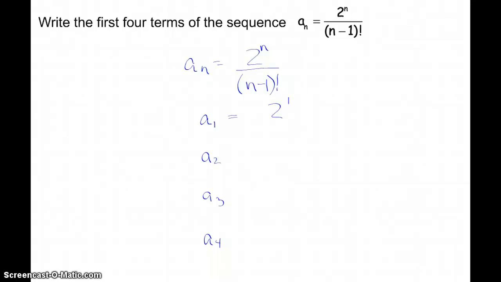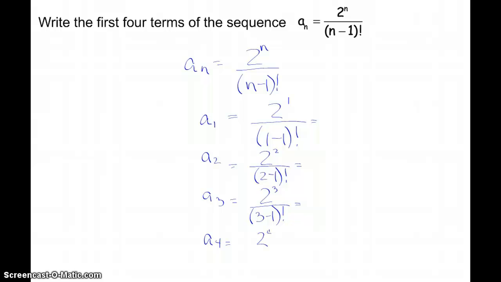So in this term, everywhere there is an n, I'm writing 1. In this term, everywhere there is an n, I'm writing 2. In this term, I'm replacing n with 3. And finally, in this term, I'm replacing n with 4.